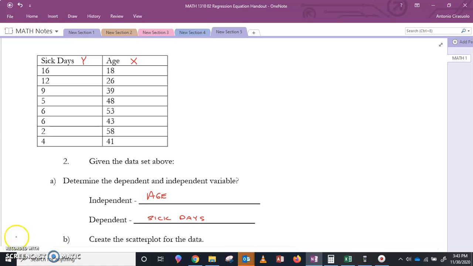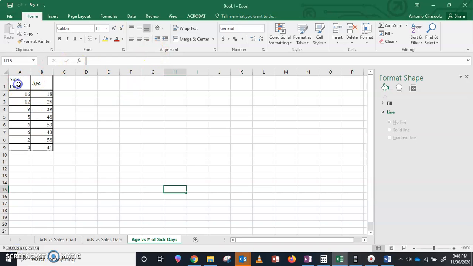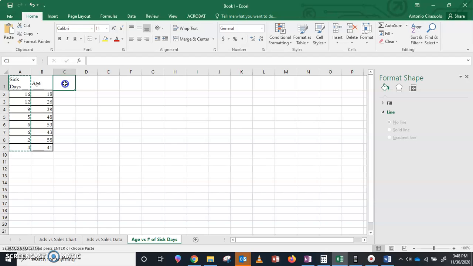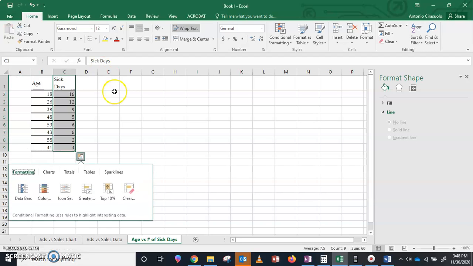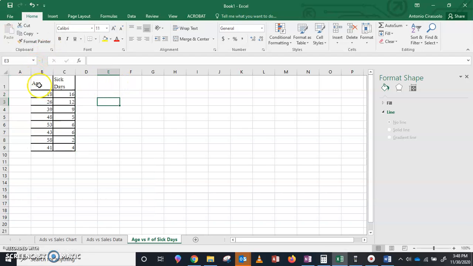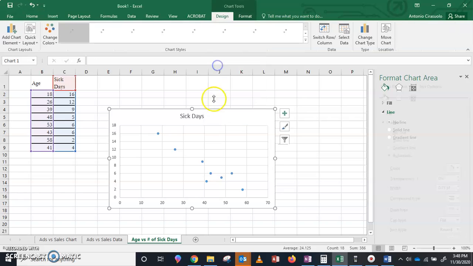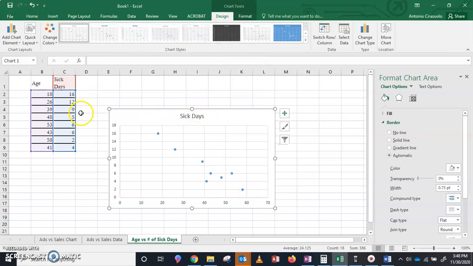So I'm going to take this data and I'm going to put it in Excel again. So here's our data set. I'm going to take this and move it over so that our independent variable is first. Control or right click, cut, Control V, and then I'm going to select my data, insert, scatter plot, and there's our scatter plot.